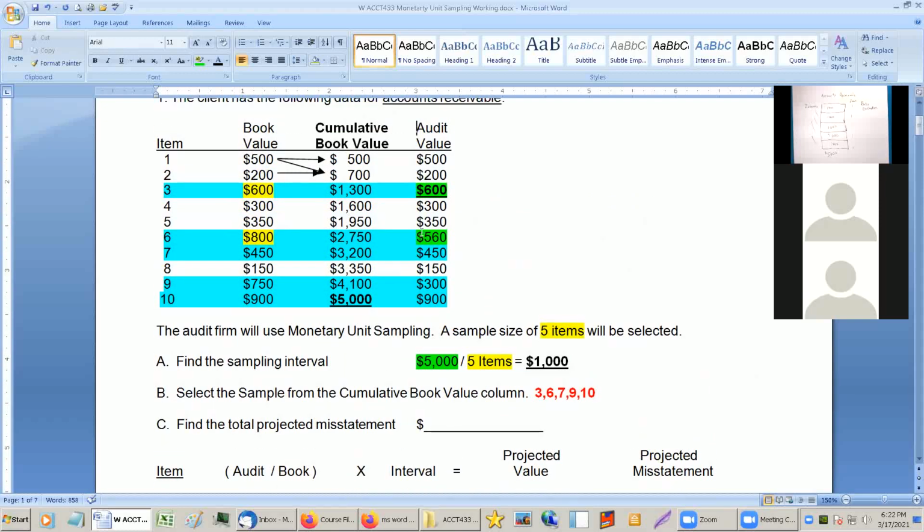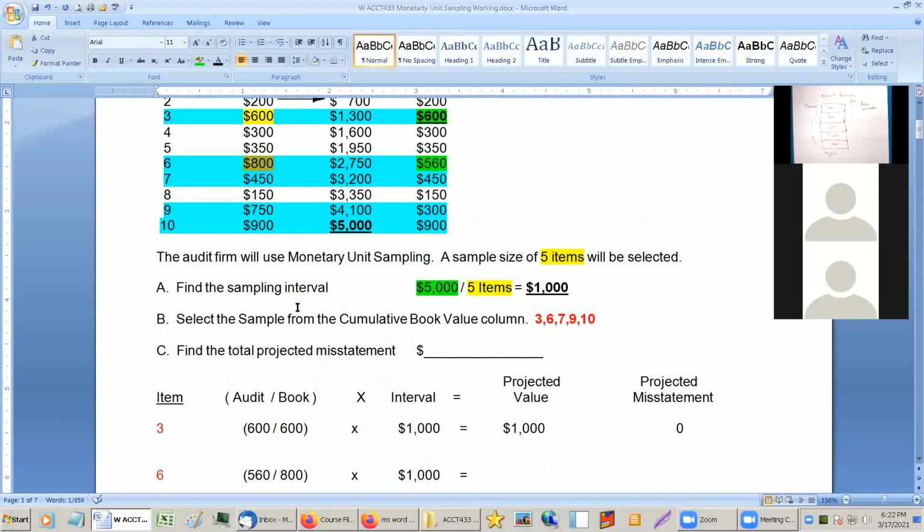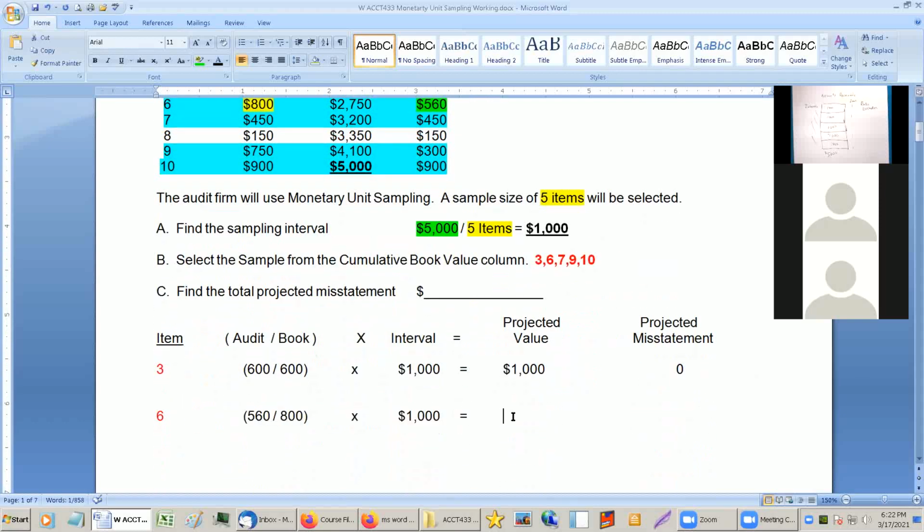This is what the auditors find. We find that there were 560 and the book value is 800. So we multiply that out. Time for Mr. Calculator. This is 560 divided by 800 times 1,000.